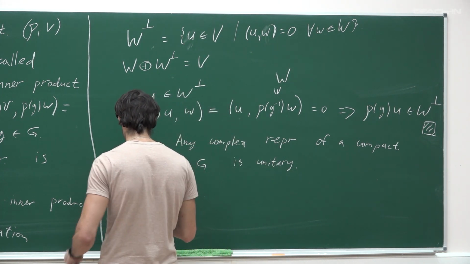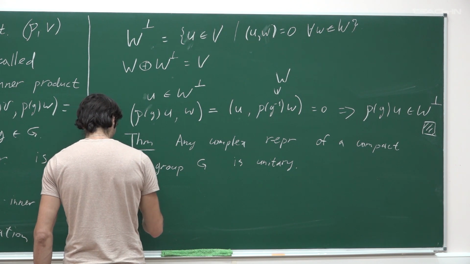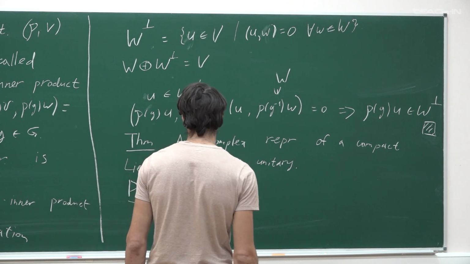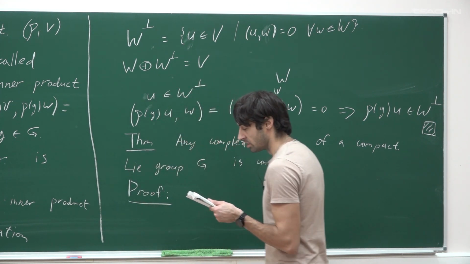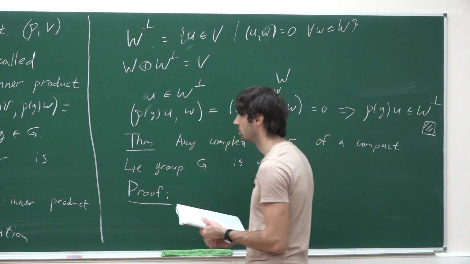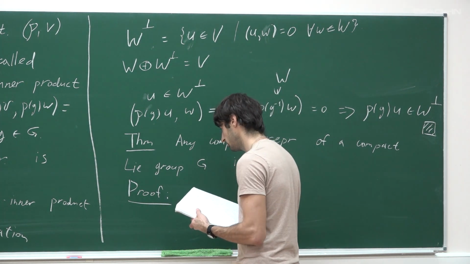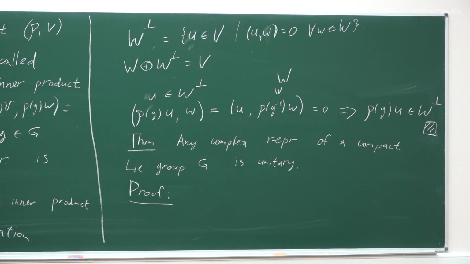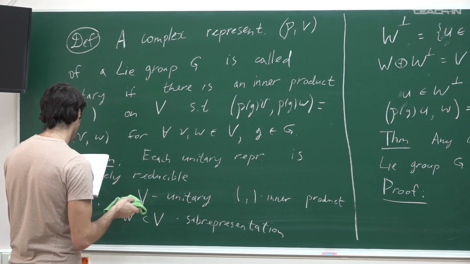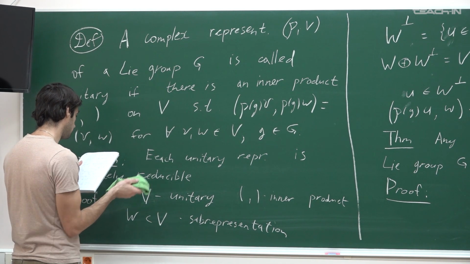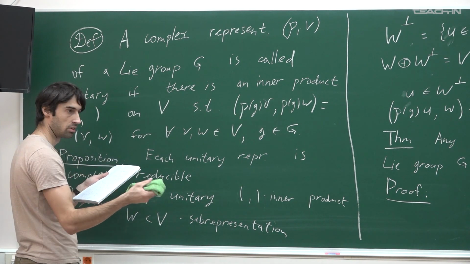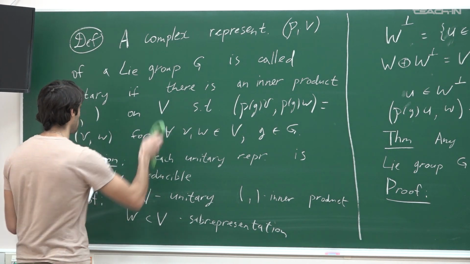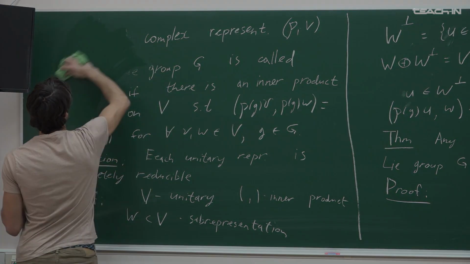Okay, the proof will take a while because we'll need to discuss a couple of things. First of all, I would like to recall what the pullback of differential forms is. I will need it.